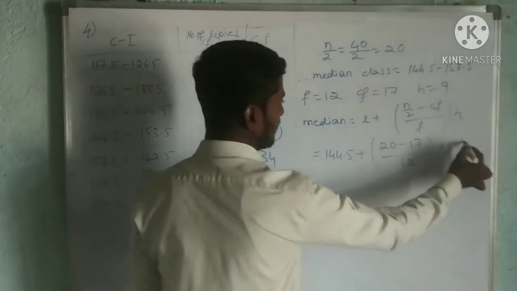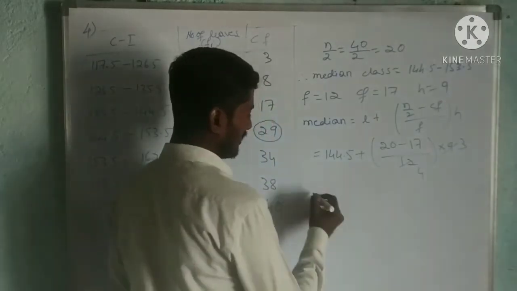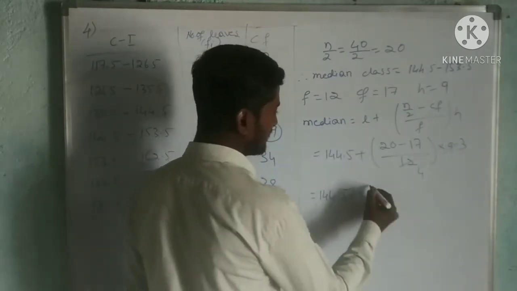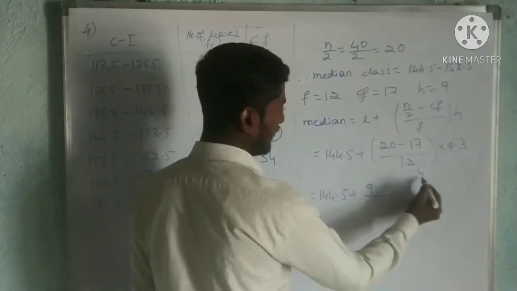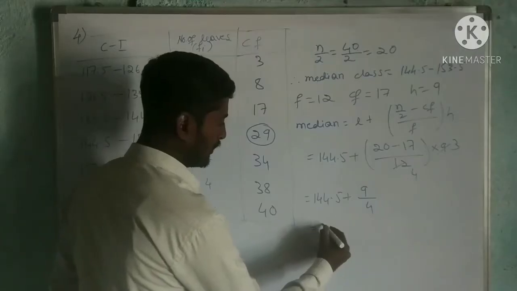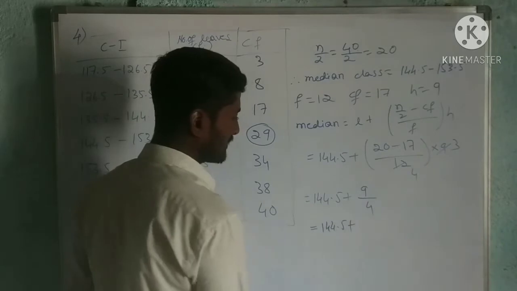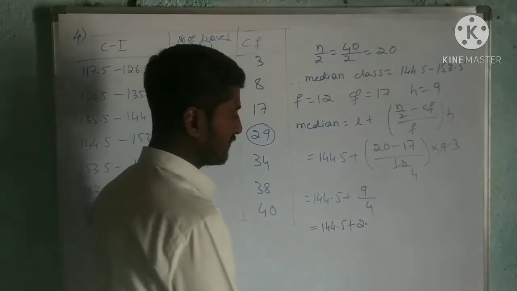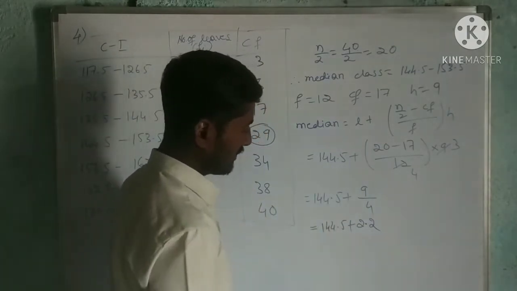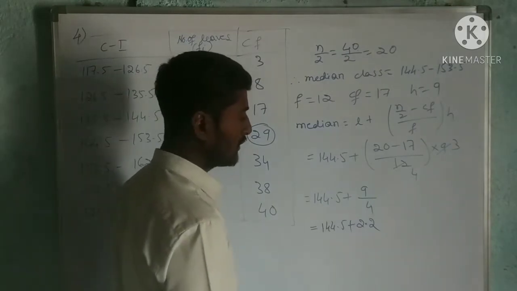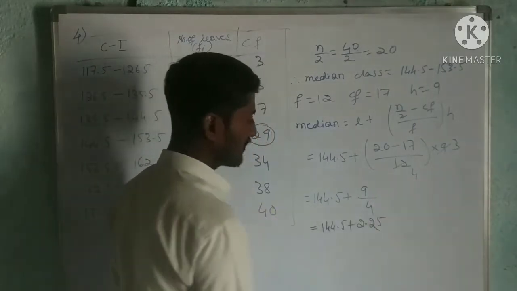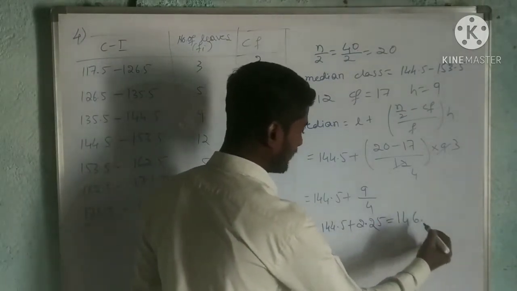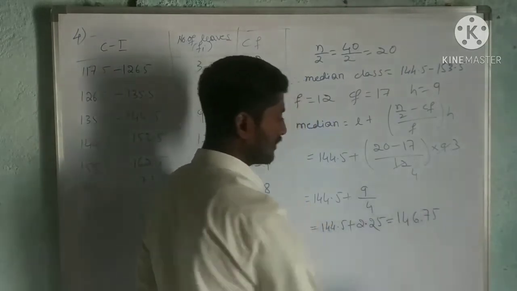So 144.5 plus 3, that is 20 minus 17. 3 3s are 9, 9 divided by 12 is 3 by 4. So 144.5 plus 9 by 4 is 2.25. So this is equal to 146.5 plus 0.25, that is 146.75.